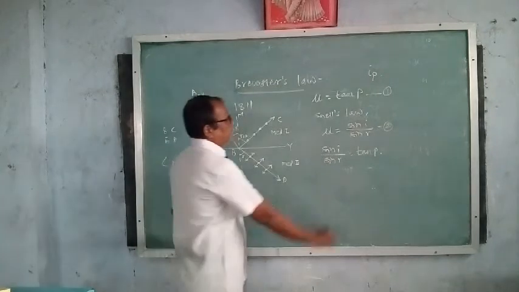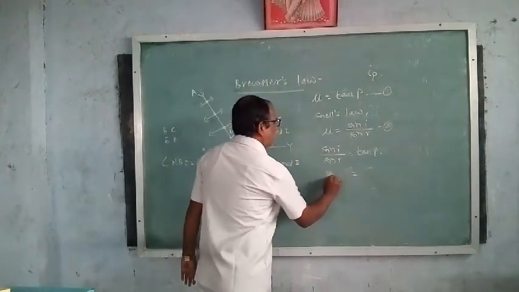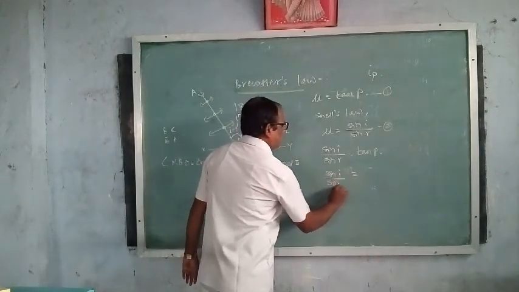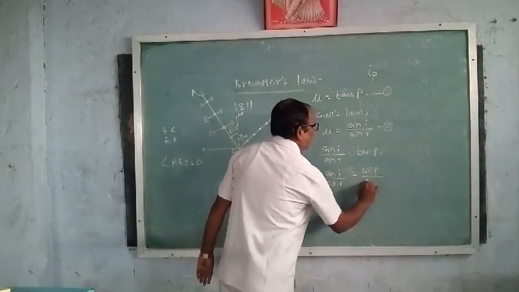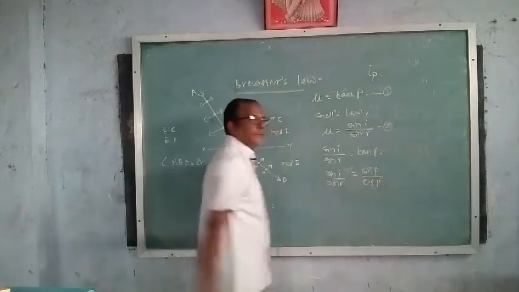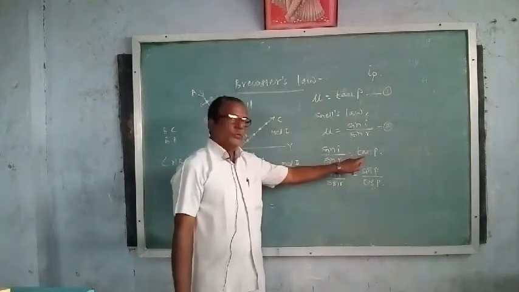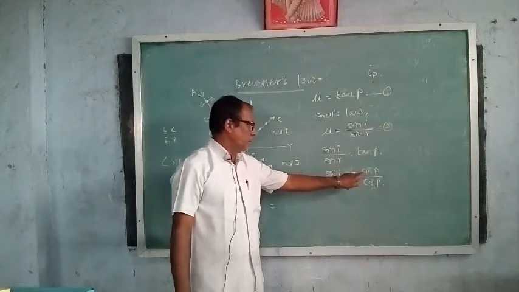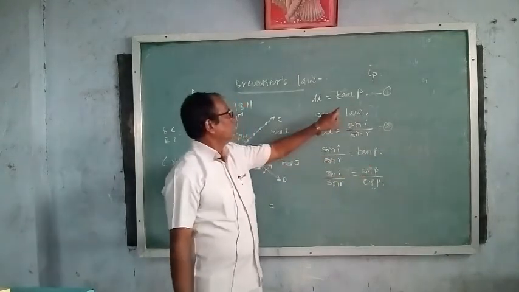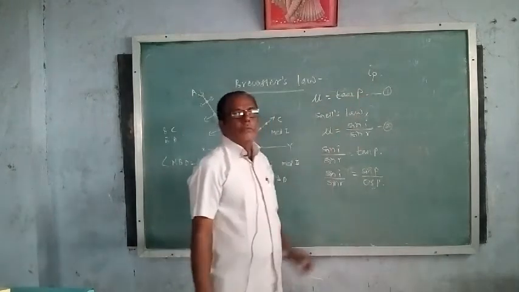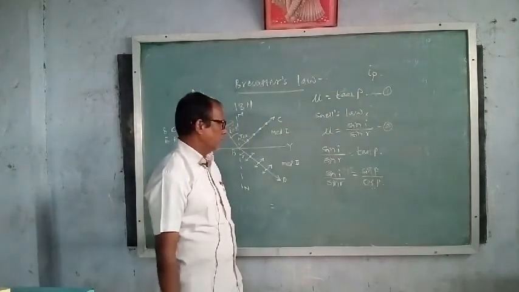This can be written as sin i upon sin r is equal to sin P upon cos P, because as we know that tan theta is equal to sin theta upon cos theta. Instead of theta, we are denoting letter P for the polarizing angle.